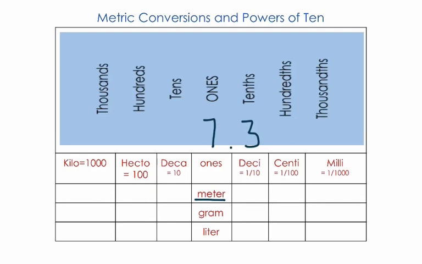And I want to find out how many centimeters long it is. So I really want to go all the way to here, right? I need to move my decimal point 2 spaces, and I'm going to fill in this empty space with a 0. So I know that that python was 730 centimeters long.